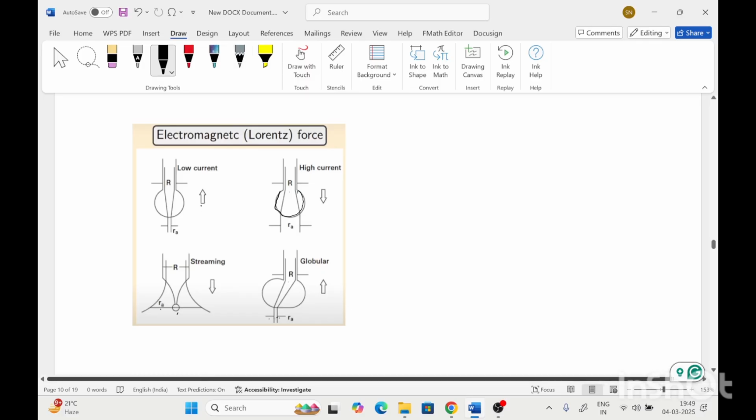From this arrow we can identify the easy or difficult detachment. High current assists the detachment, the drop down of the metal droplet. This also assists, and in this case the drop down is opposed.